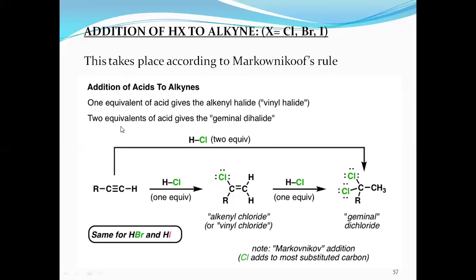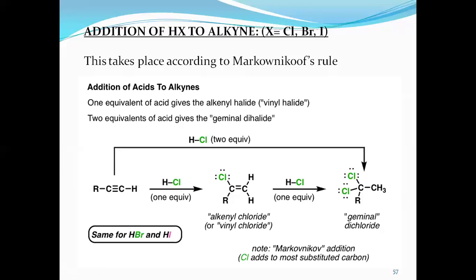If we use one equivalent of halo acid, then what will happen? Here is the example where we are showing that in the first step, when one equivalent of HCl is added, it produces alkenyl chloride or vinyl chloride, and it follows the Markovnikov rule.